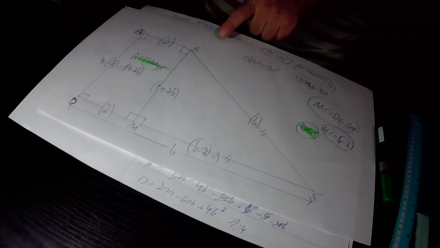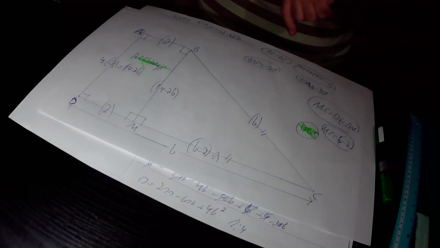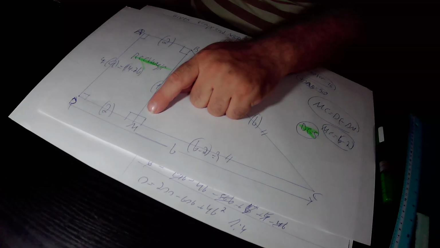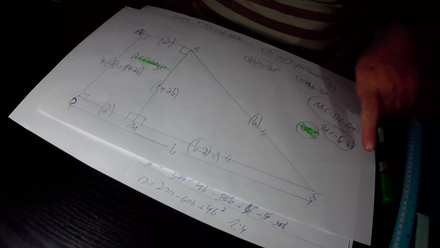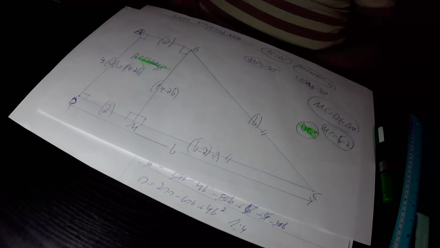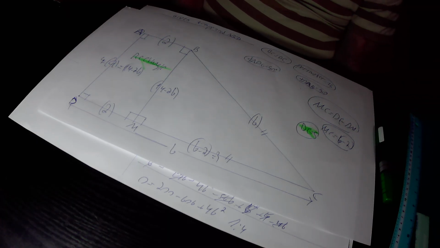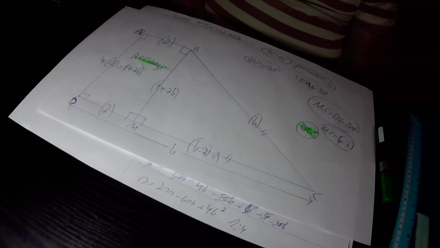In the next step we make a construction. From vertex B of trapezoid ABCD we draw a perpendicular to DC. So this angle equals 90 degrees according to the construction. We define the touching point of the perpendicular from point B on DC as point M. With this construction we get quadrilateral ABMD.